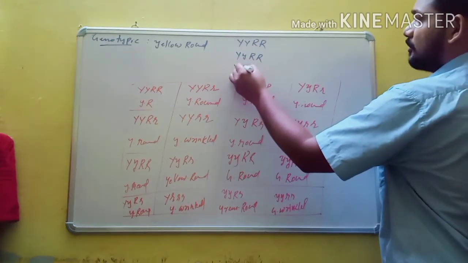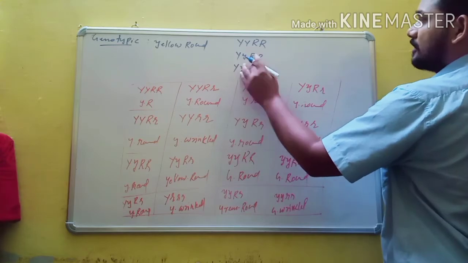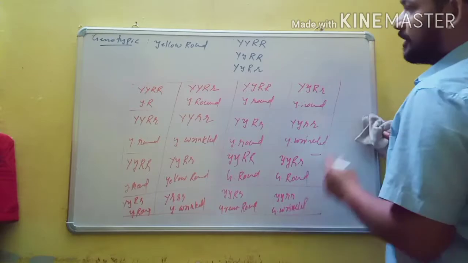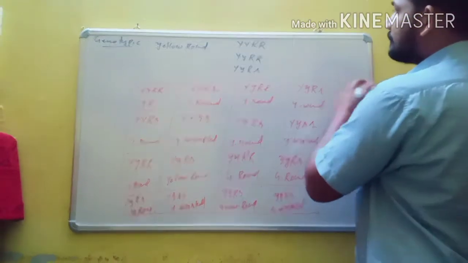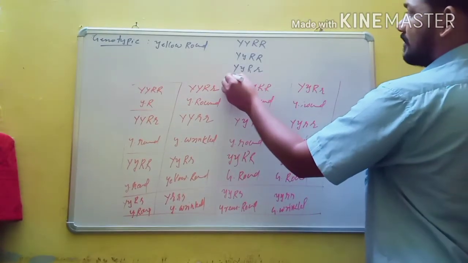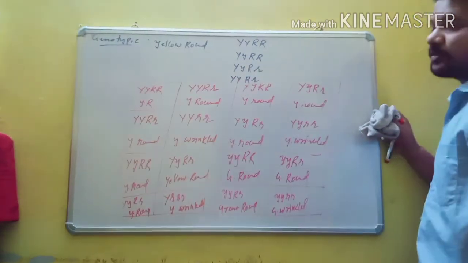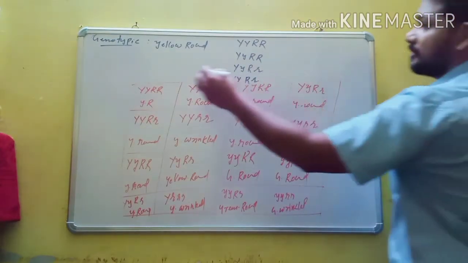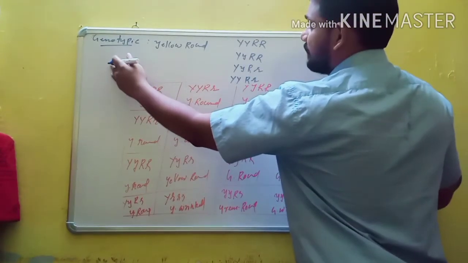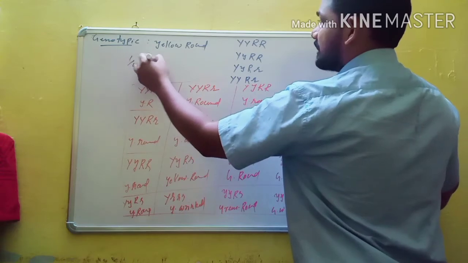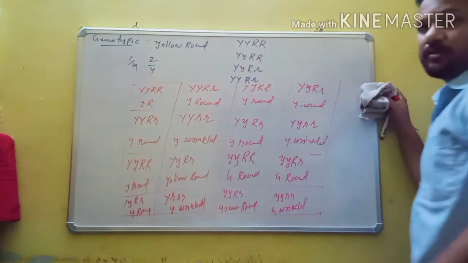Capital Y, small y, capital R and small r. This is yellow round. And capital Y, capital Y, capital R, small r. So these are also yellow round. In the previous video I told you that for the homozygous condition 1/4, and for the heterozygous condition 2/4 value will be taken.